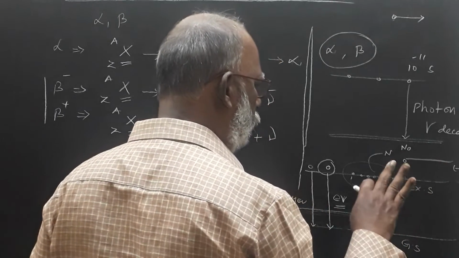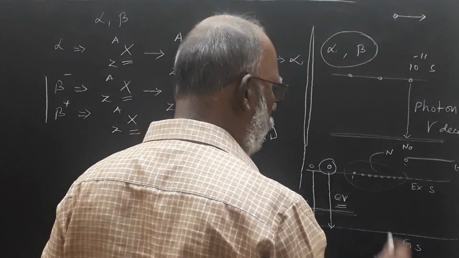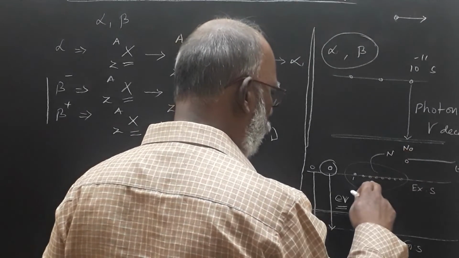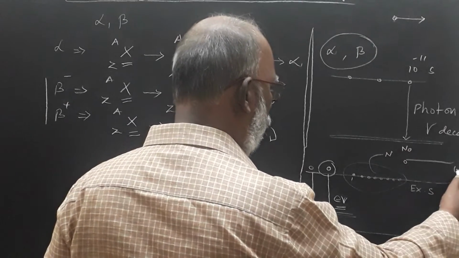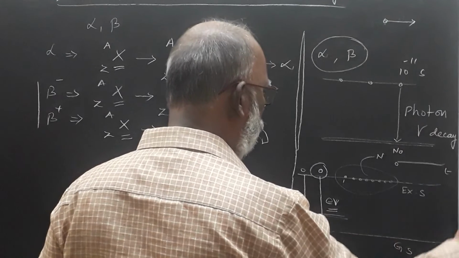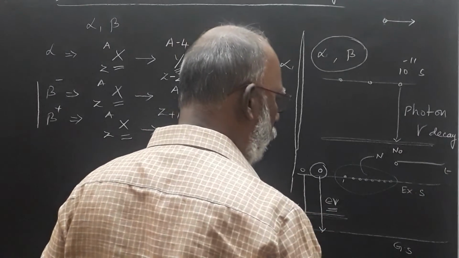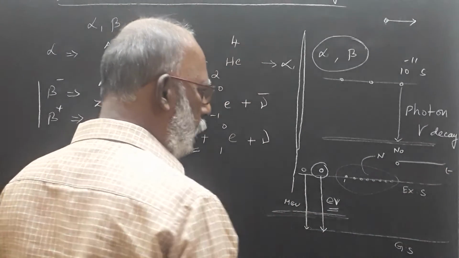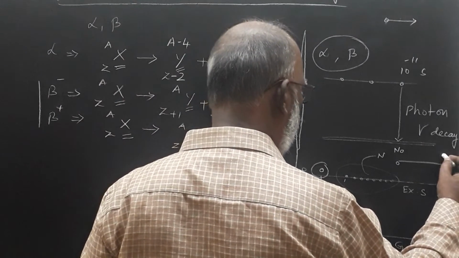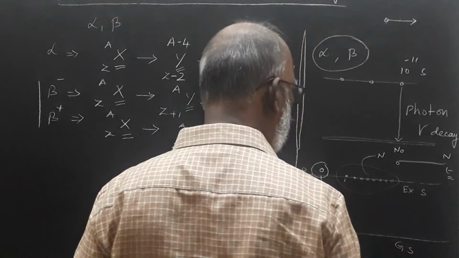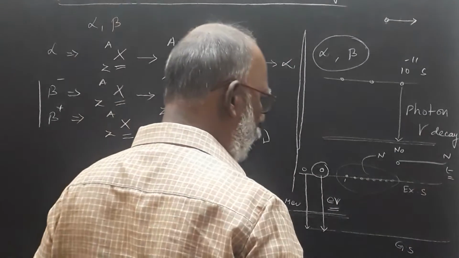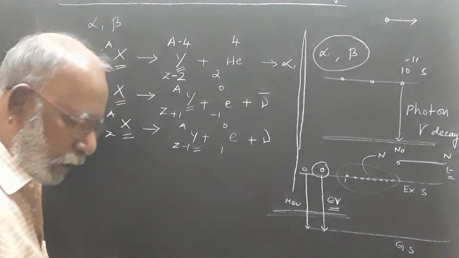That is, no decay has happened, so the total number of nuclei is n naught. After some time, when decay or gamma decay has happened and a photon is emitted at the moment t, the remaining nuclei are considered to be n. That's the thing we have to understand.